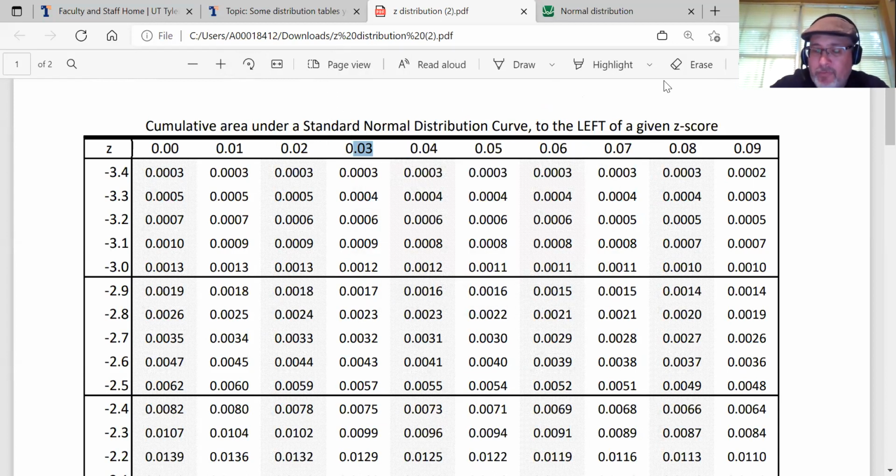We've got that covered from the row that you select, but the next digit's going to be a 3. So if I were to look at this number in the Z chart, because it's in the -2.8 row and the 0.03 column, the z-score we're looking at is -2.83.